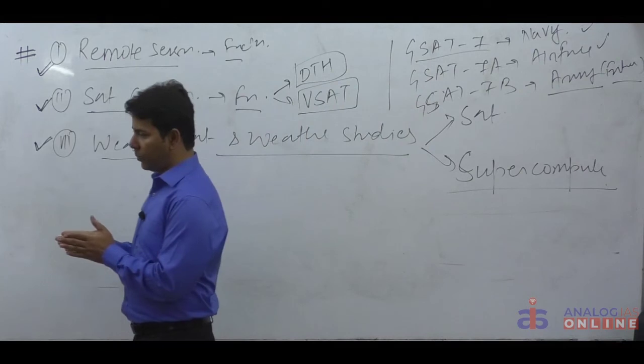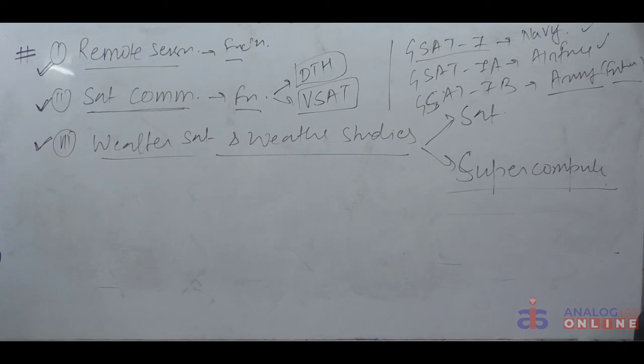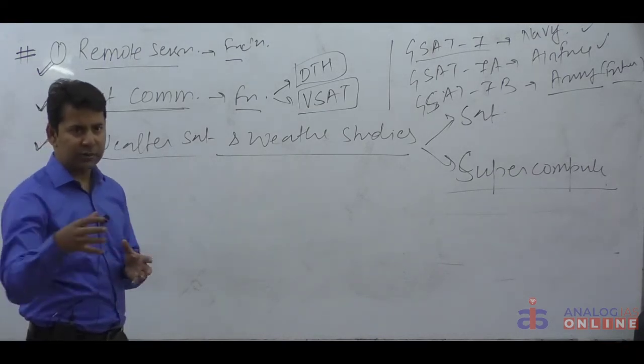So we have talked about GSAT 7 and 7A in our classroom, but 7B was announced only recently, and it was expected because now all three armed forces need dedicated communication satellites for their uses.